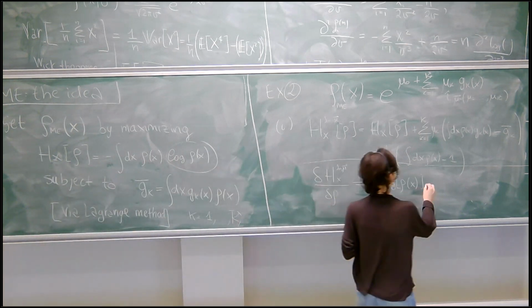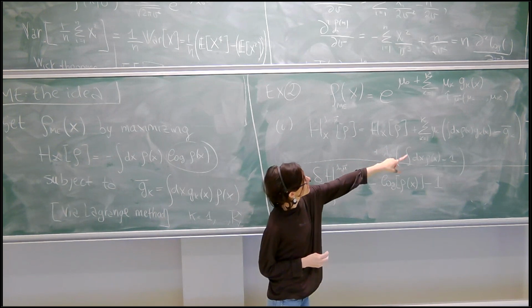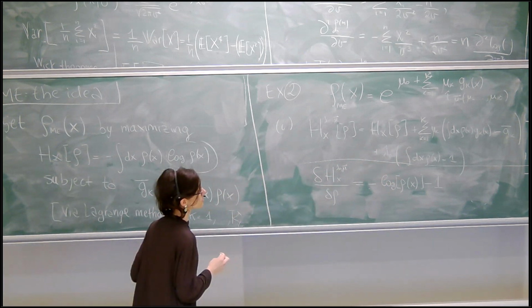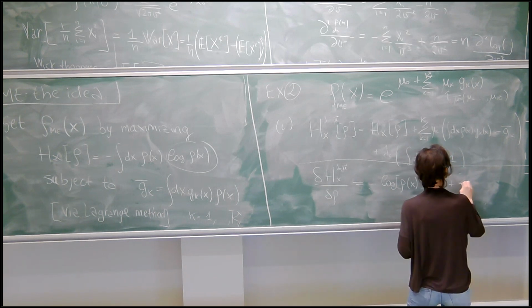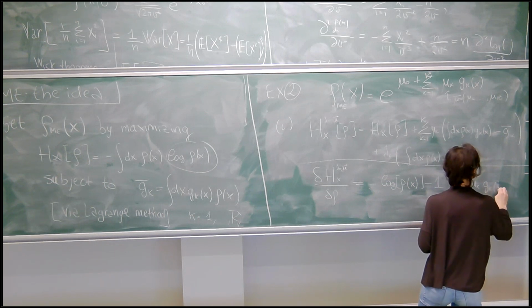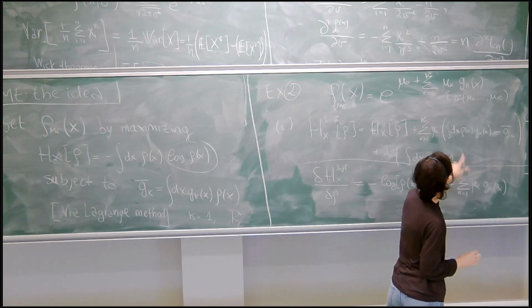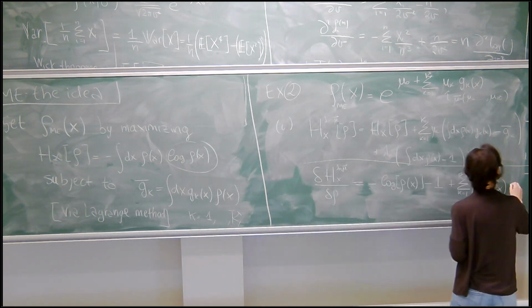So I have an extra factor of minus 1. And then all of the other terms, they are linear in rho of x. So what I obtain is a sum over all values of k of mu k gk of x from here. And then from the normalization, I have a factor of lambda 0.